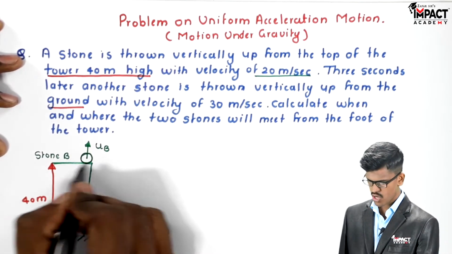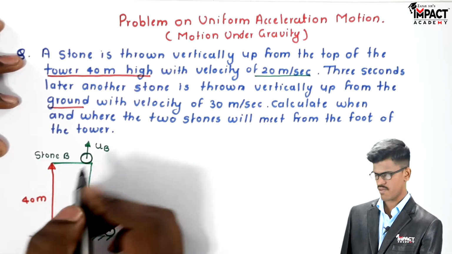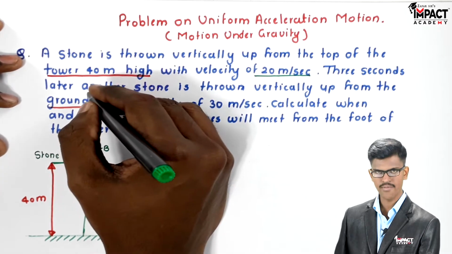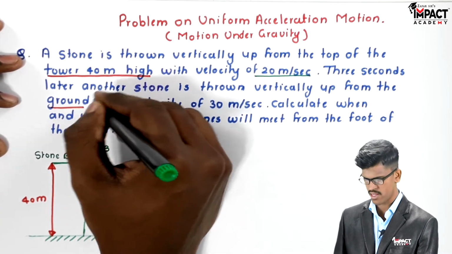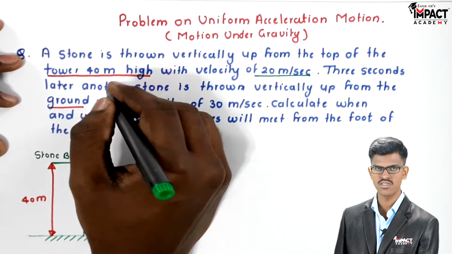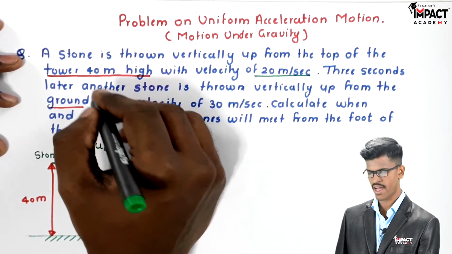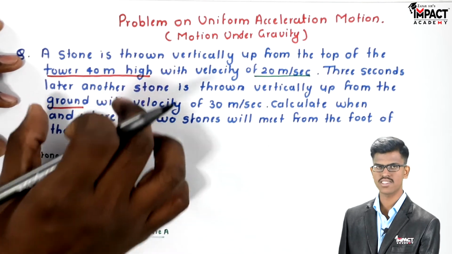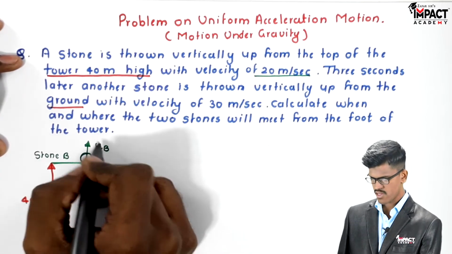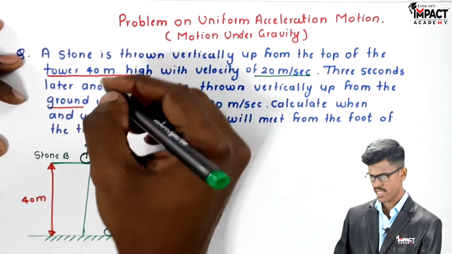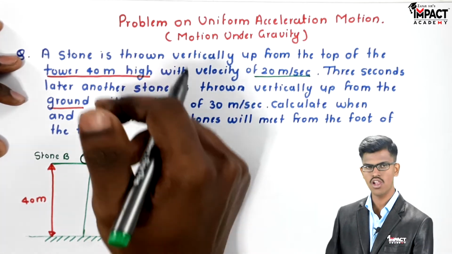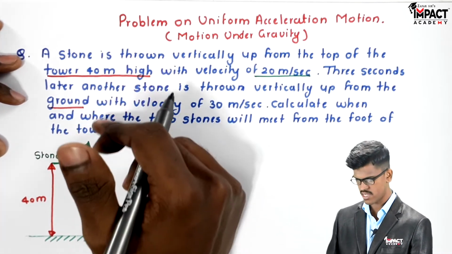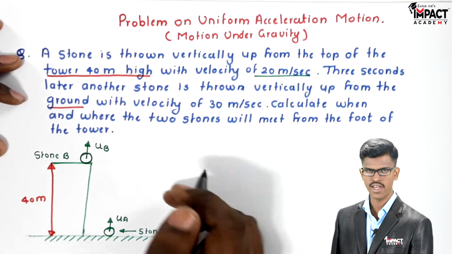The motion of stone B goes upward until its final velocity becomes 0 and it reaches the maximum height. When stone B reaches the maximum height, it starts to fall under the gravity and moves in a downward direction.